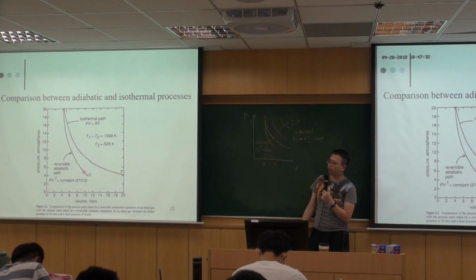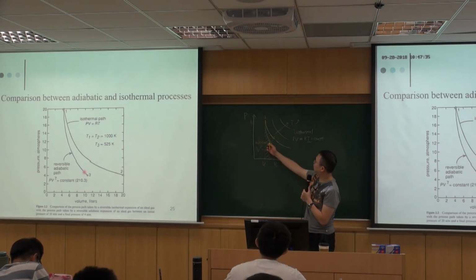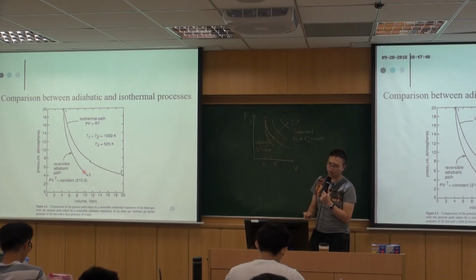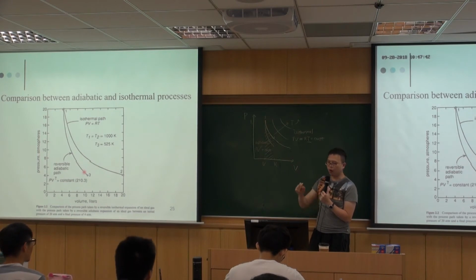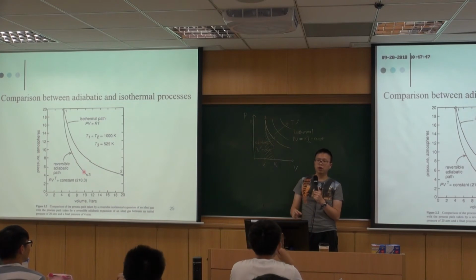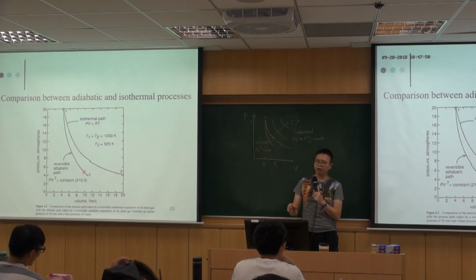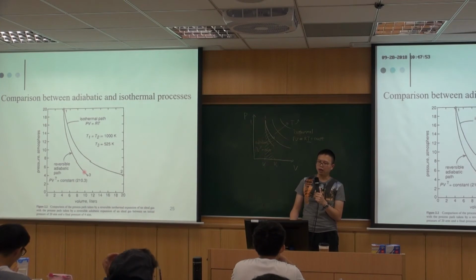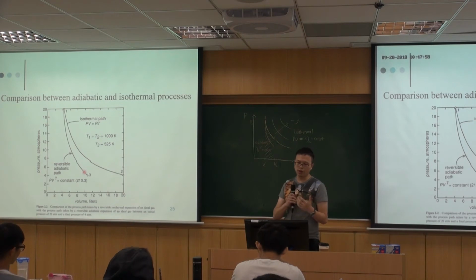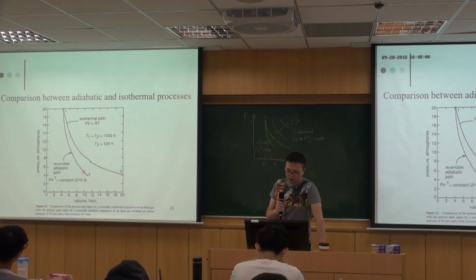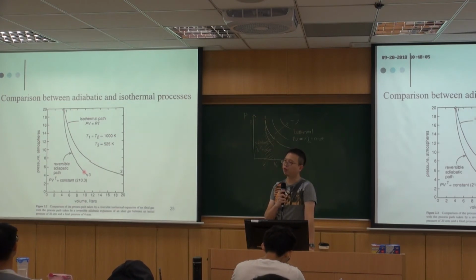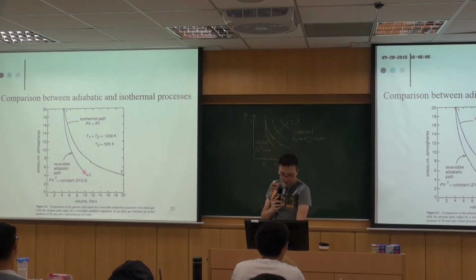Because for the adiabatic process, the work done by the system is less than the isothermal case. Remember, for the isothermal case, the change of internal energy is 0, and therefore the heat absorbed by the system will be completely converted into work. So it can do more work than the adiabatic process. For the adiabatic process, you have to take the change of internal energy into account.